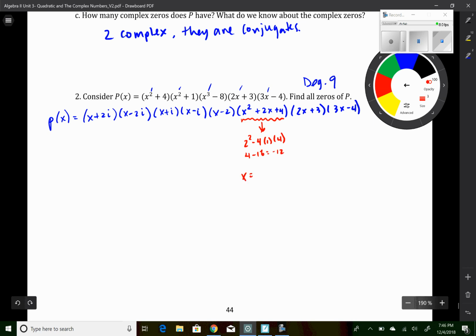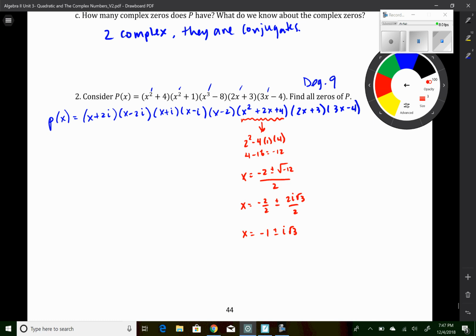So if I do the quadratic formula, I'm going to get negative 2 plus or minus the square root of negative 12 all over 2. The square root of negative 12 can be simplified, so that's going to become a 2i square root of 3 all over 2. And then we can say this is negative 1 plus or minus i square root of 3. So I already know 2 solutions, or 2 zeros, of this equation right there.